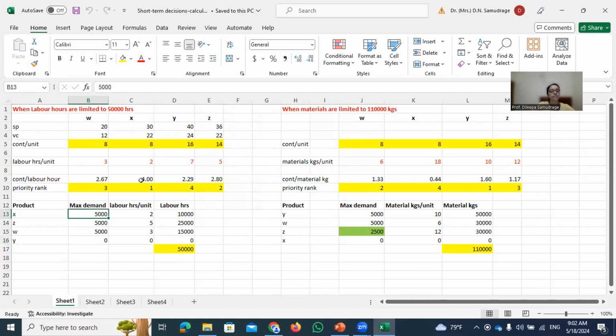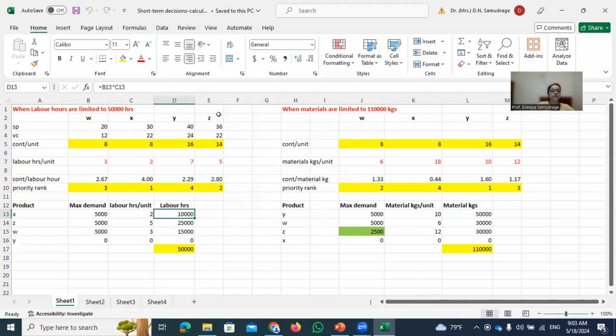So when you produce X, maximum demand is 5,000. But here write down the maximum amount of labor hours available to you, right? Then you can decide how many labor hours you need to produce 5,000 units. In X you need 2 labor hours, so you multiply by 2 to get the labor hours.